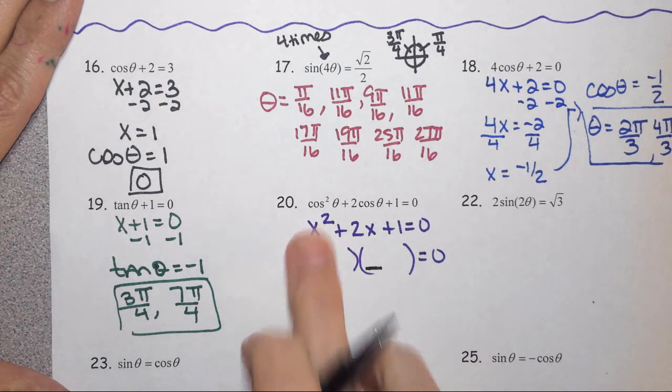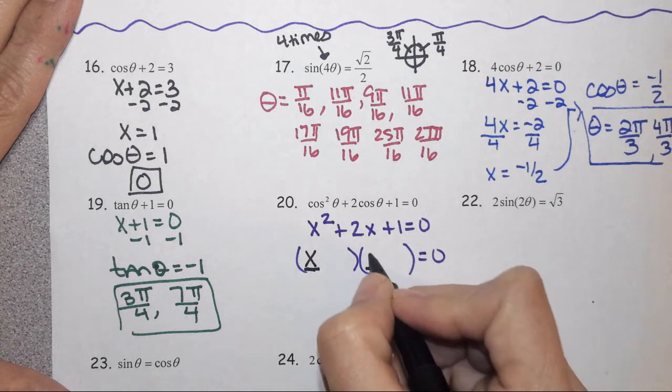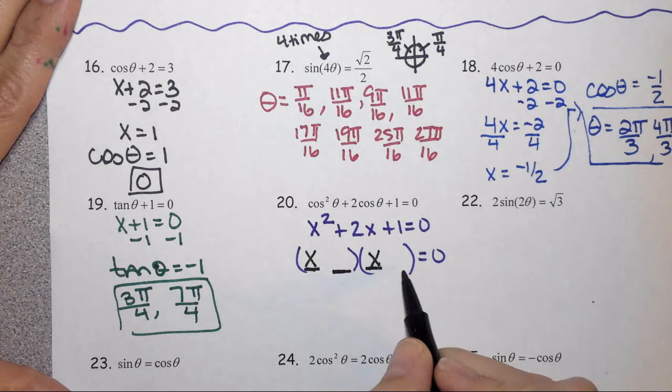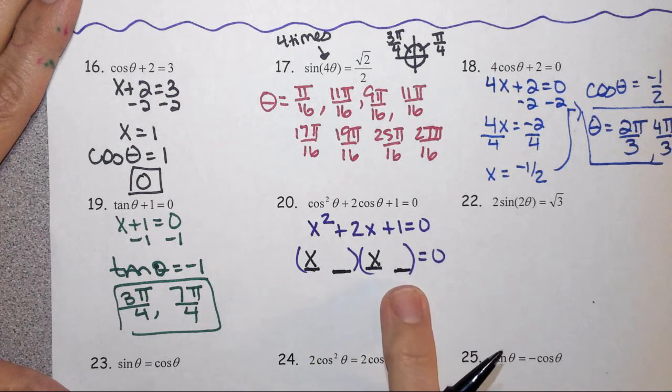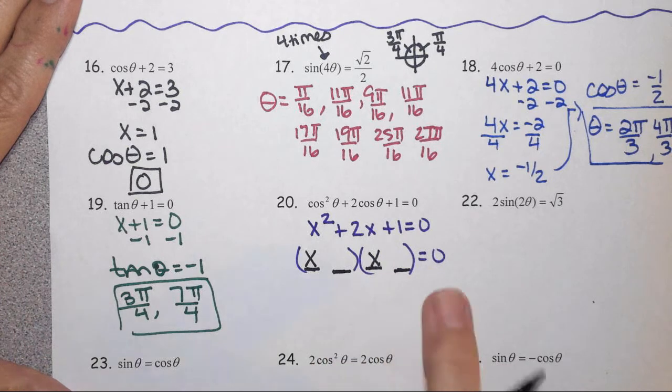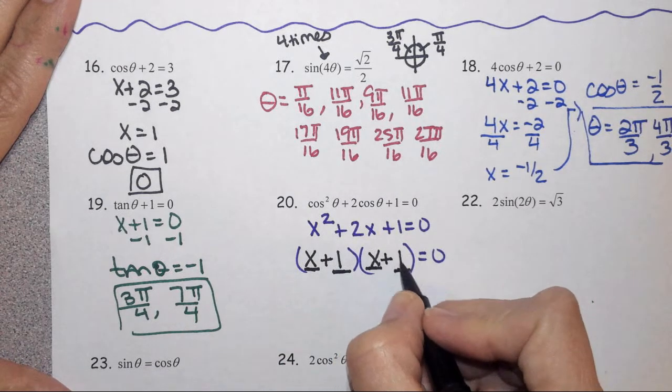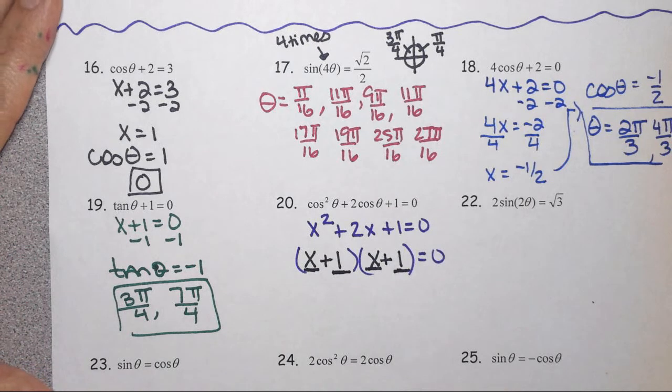What times what would give me x squared? X times x. Okay. Then I need to figure out what are the last 2 numbers that I could multiply together that would give me a positive 1. Well, I could put 1 times 1, and I could put negative 1 times negative 1. But I notice that my middle term is a positive 2. So because it's a positive 2, I want the plus 1 plus 1.